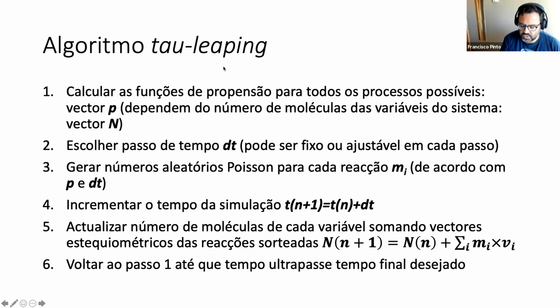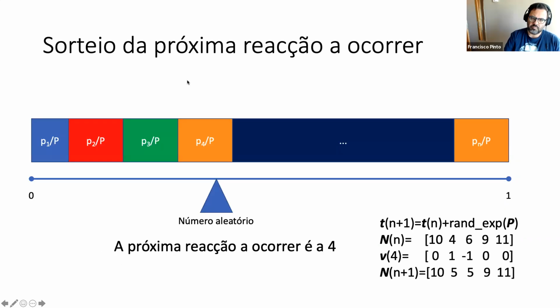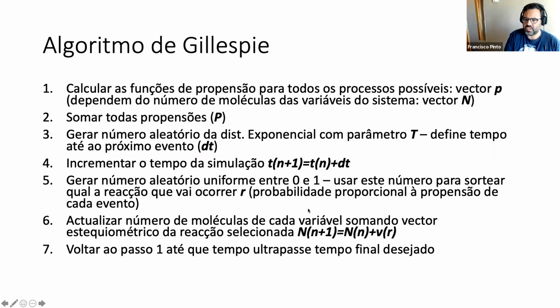So the problem with the Gillespie algorithm is that in each time step you have to compute 2 random numbers, and the time step is variable. So you will have the values of the state of the system not at regular time steps, but at variable time steps.